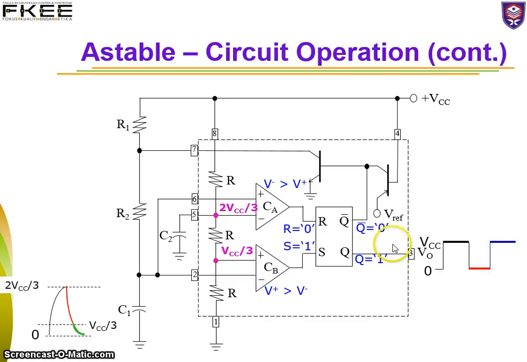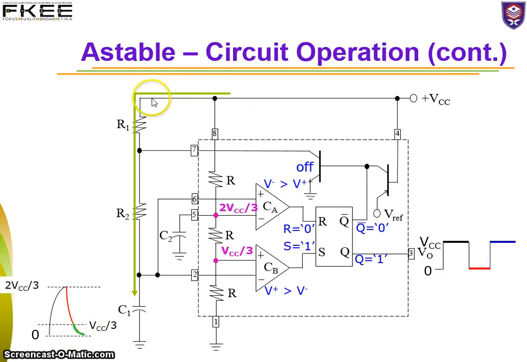So your Q bar will be 0, this transistor will be off, since this is 0, this is ground. There is no path from this node to the ground, so C will stop discharging the moment it is less than 1/3 of VCC.